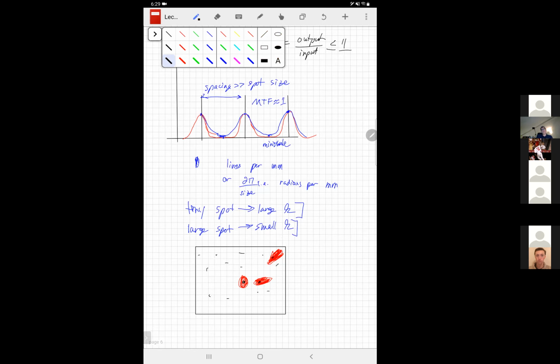How do you think I'd measure a modulation transfer function? One thing I could do is I could take a picture of a ruler at different magnifications.